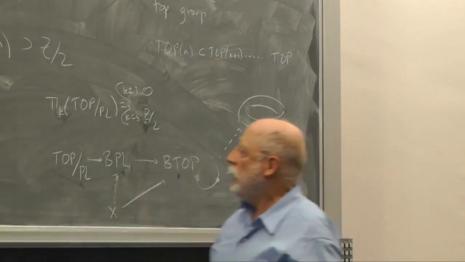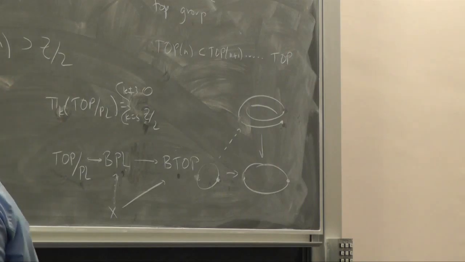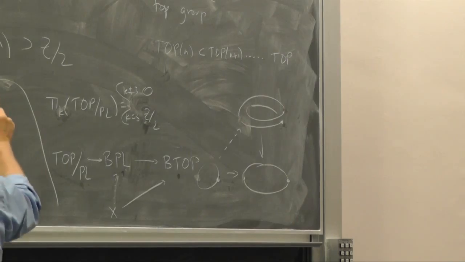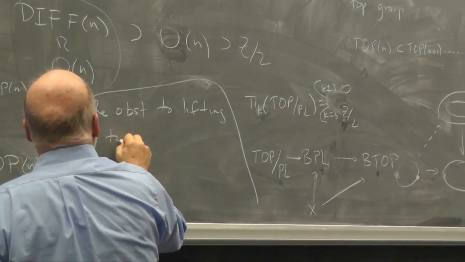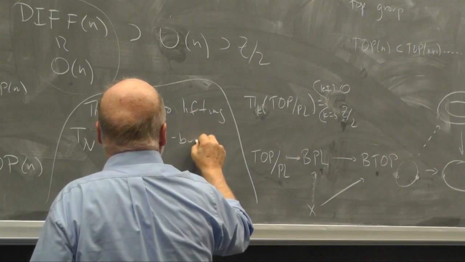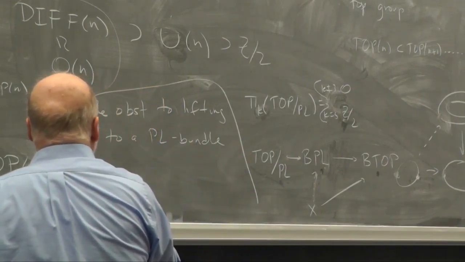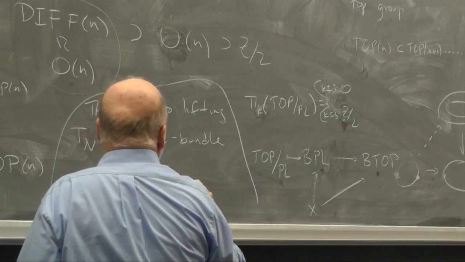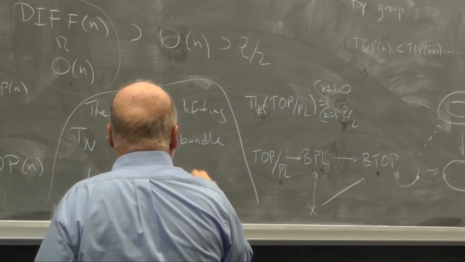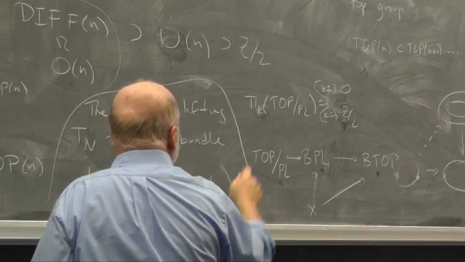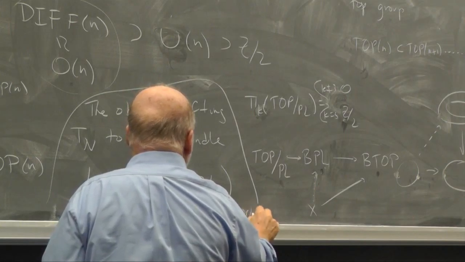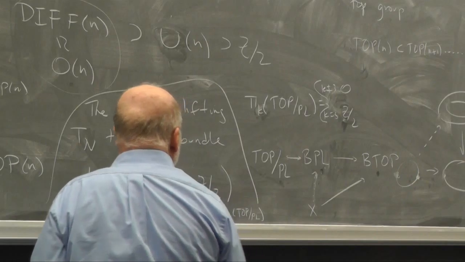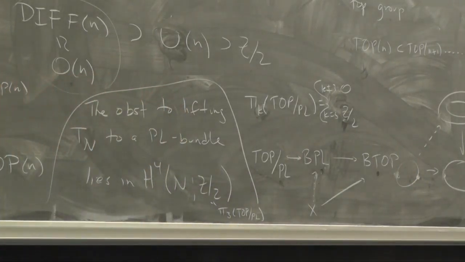So the obstruction to lifting the tangent bundle of M to a PL bundle lies in H^4 of M with Z2 coefficients, where Z2 is this pi 3. So there's where the 4 comes from.